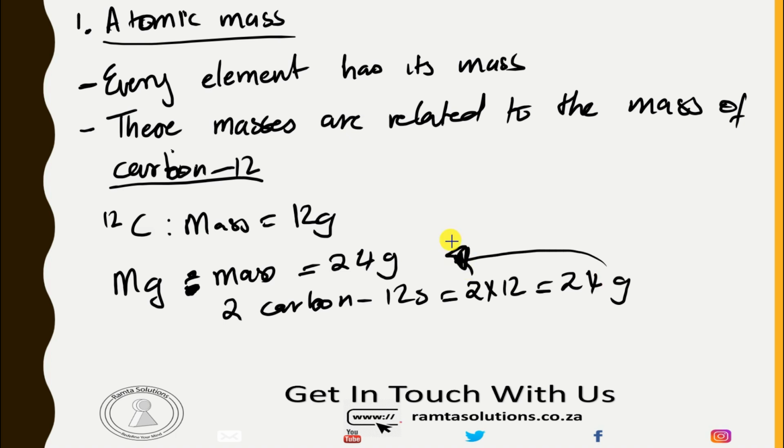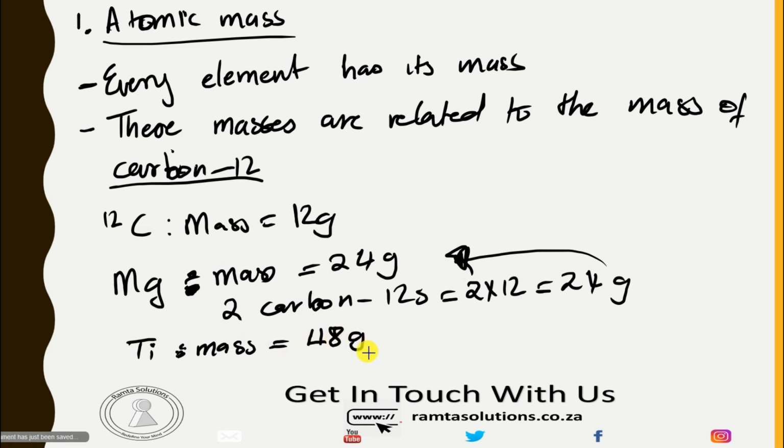Now, how about I take titanium. When you look at the periodic table, it has a mass of 48 grams. So what does this tell you?